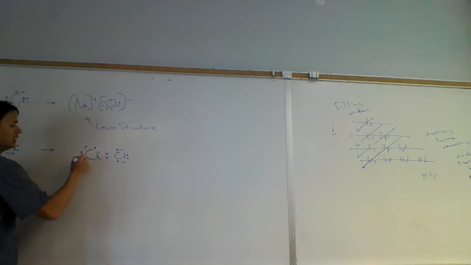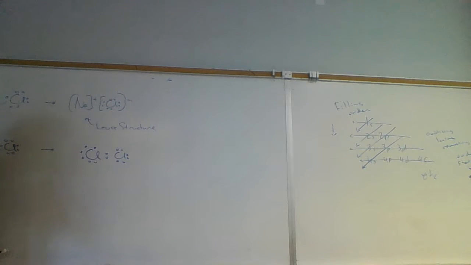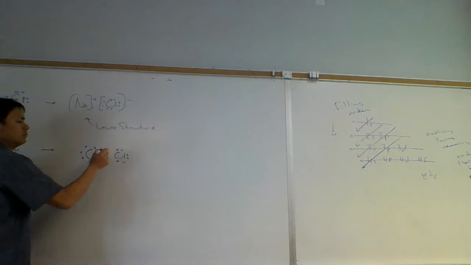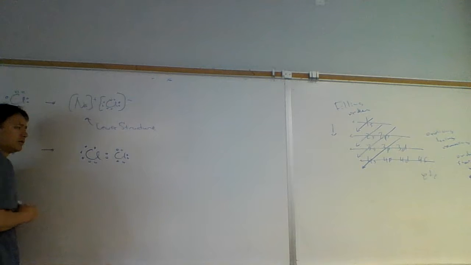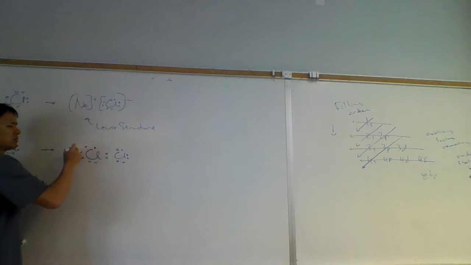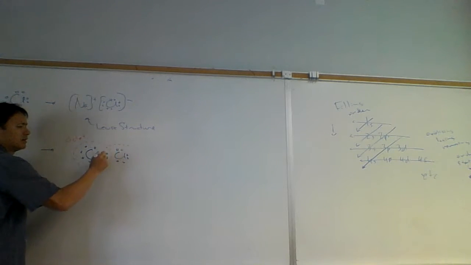But it is not a no-win situation. It's a win-win situation, because if we look at the number of electrons surrounding this chlorine, it is what we call an octet of electrons, 8 electrons. The same is true for this chlorine.